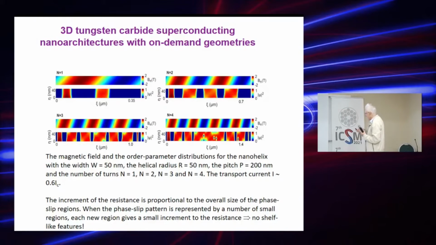But there are many more half windings, you see, and the contribution to the measured resistance depends not only on the fact that there are phase slips, but also on the size of the area where we have them.